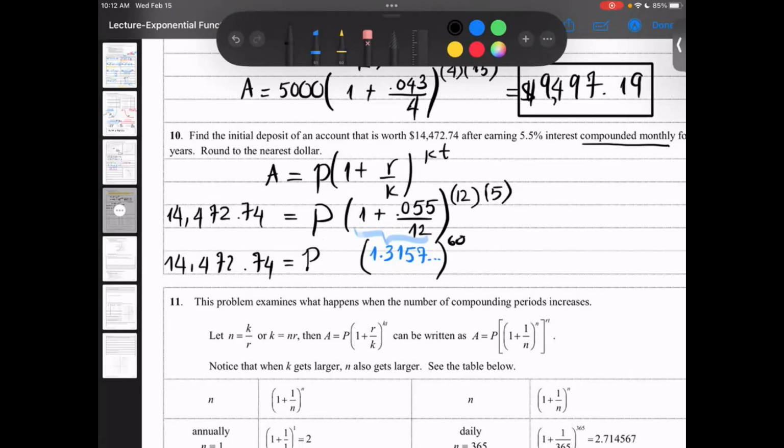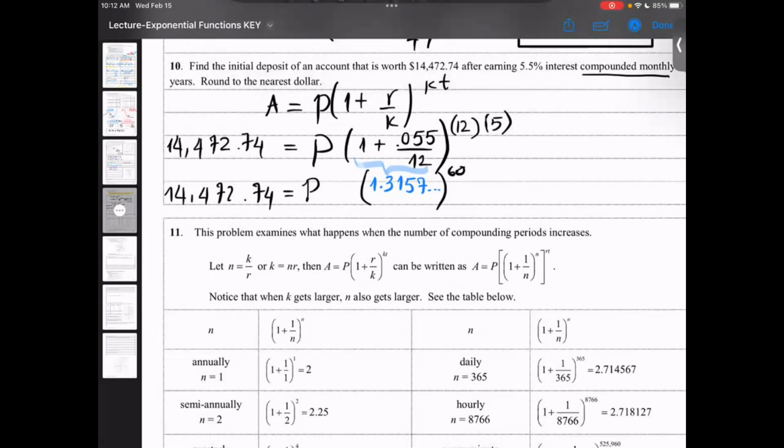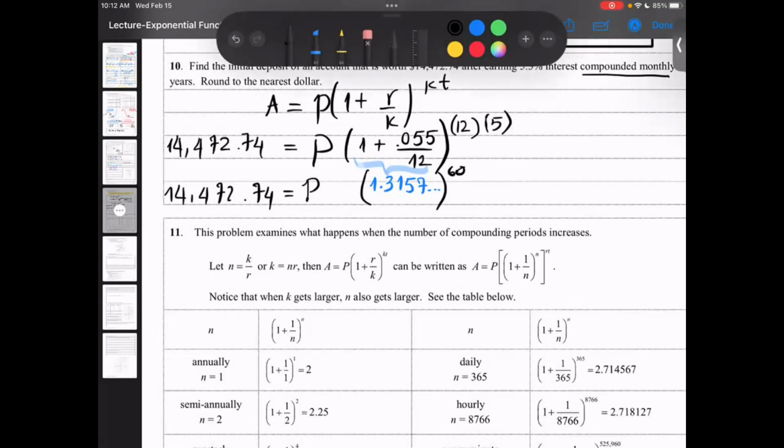What do you have? Did I make a mistake somewhere? 1.3157 raised to the 60 power.